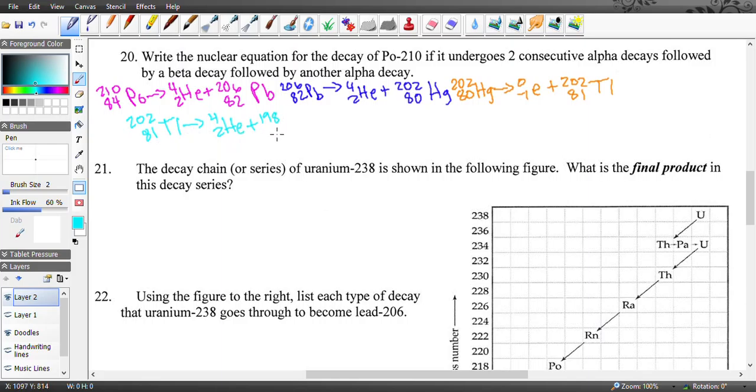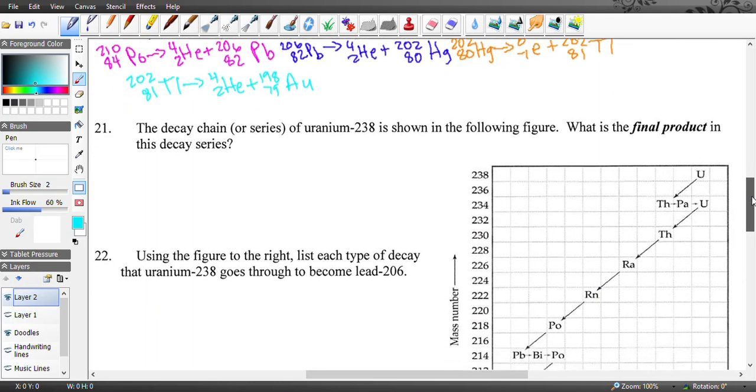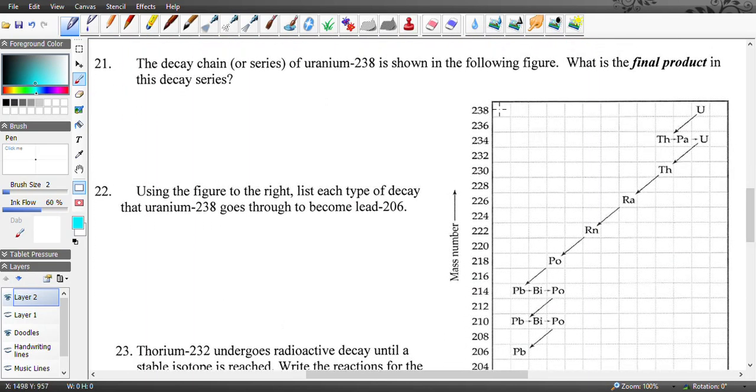And 81 minus 2, that should be what, 79? Can I math? Yes. So check it out. If we had a piece of this and it underwent all those decays, we'll have some gold. Radioactive gold, but gold.